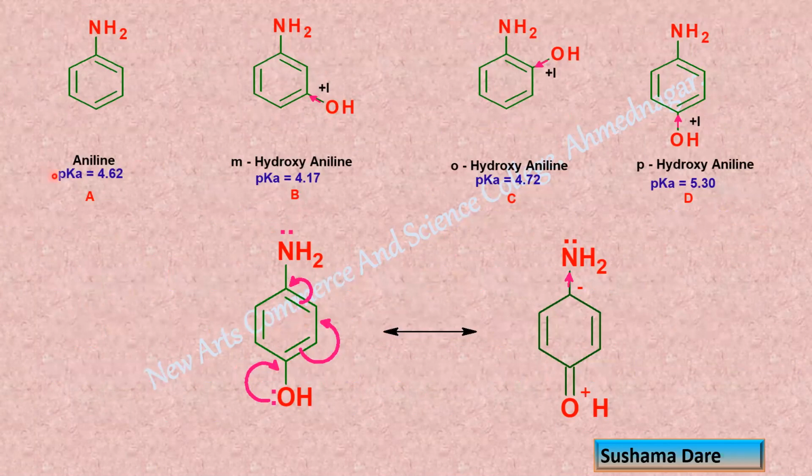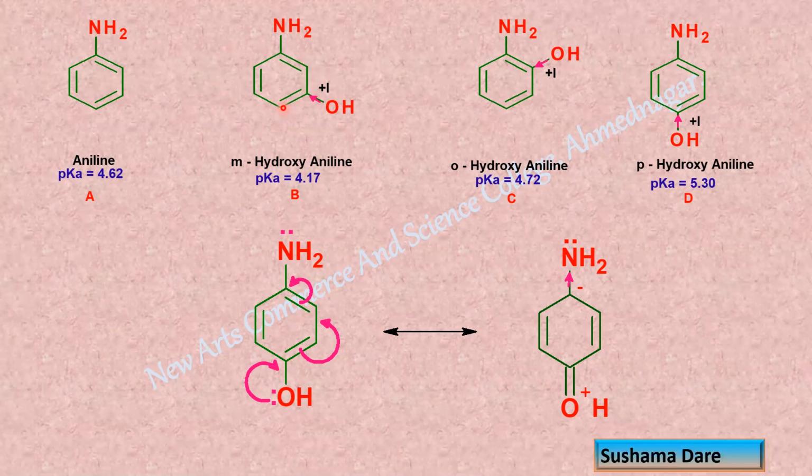Now here we added a group which has an unshared pair of electrons. Now this hydroxy group, there are two unshared pairs of electrons. Now because of this unshared pair of electrons, the hydroxy electron pair gets involved in resonance. So due to this, now this aromatic ring, instead of electron withdrawing effect, its effect is changed.